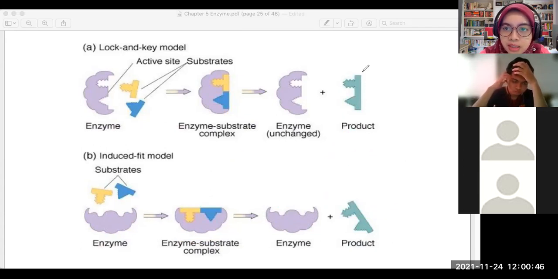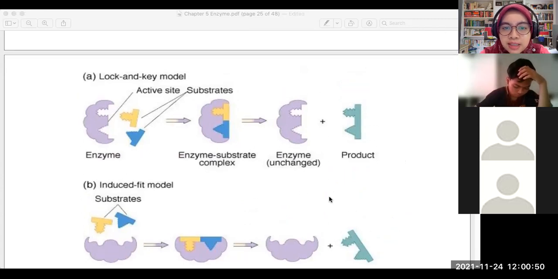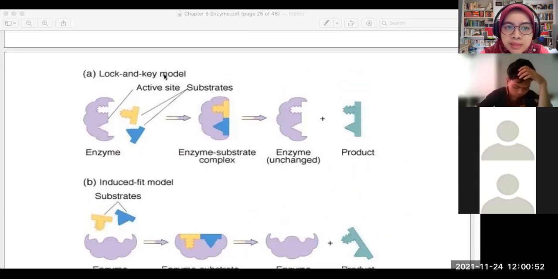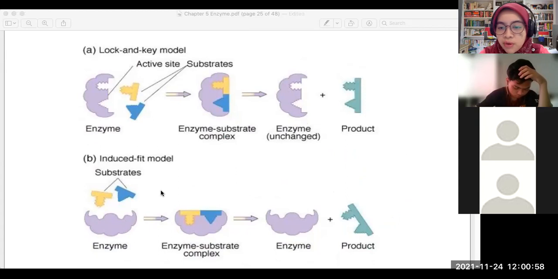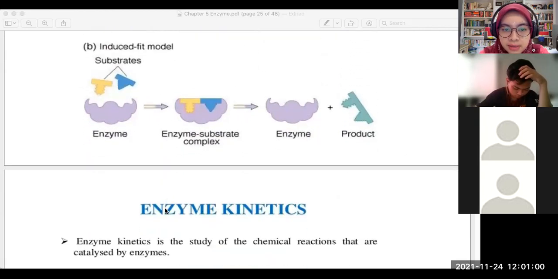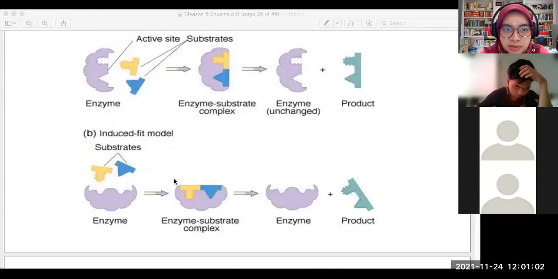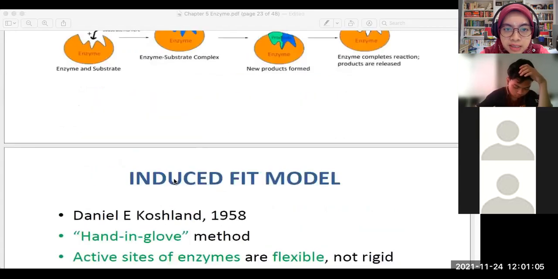So we can take most of these theories, because some enzymes may behave like the lock and key model, while some may behave like the induced fit model. Okay, so that is the mechanism of the enzyme.